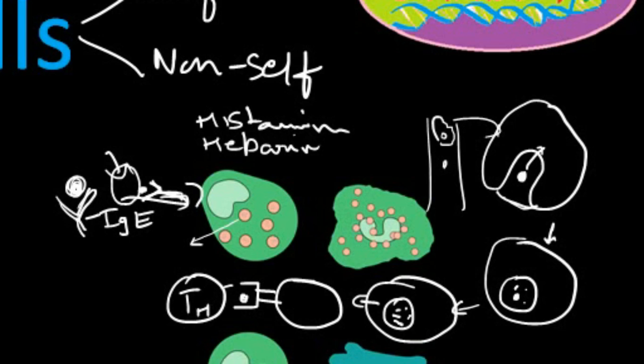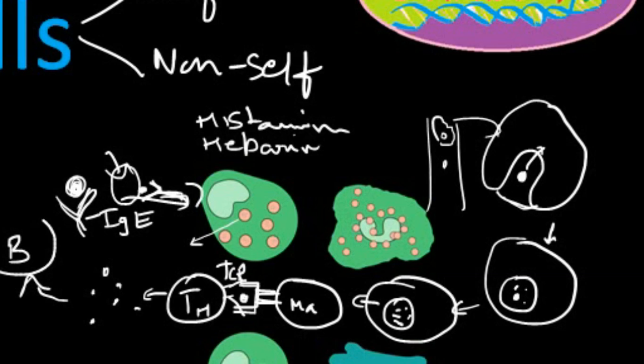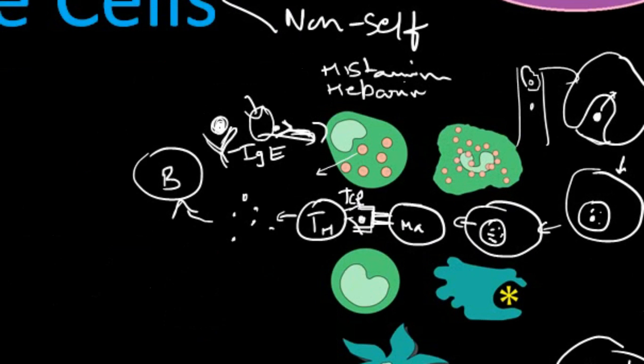The T helper cells have T cell receptors which recognize the antigens presented by the MHC2 molecules on the macrophages, and thus these T helper cells get activated and release certain cytokines. These cytokines in turn activate the B cells, and once the B cells are activated, they secrete antibodies generated against this particular antigen, right?